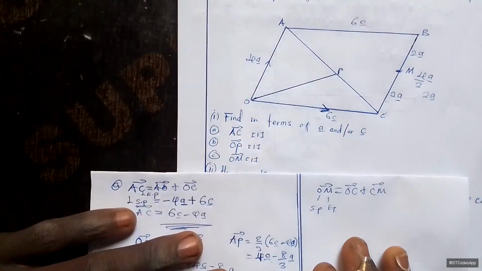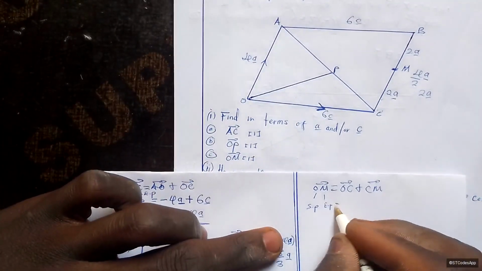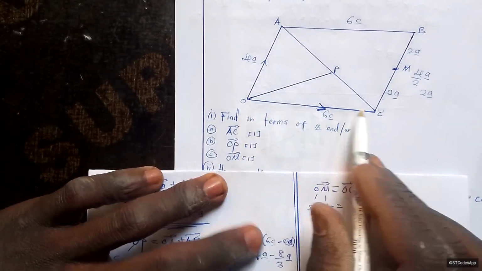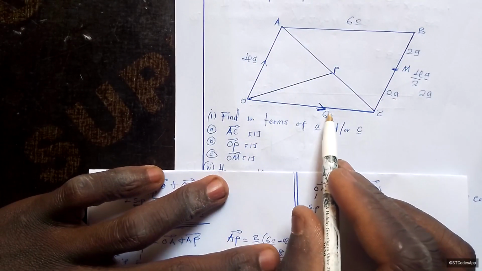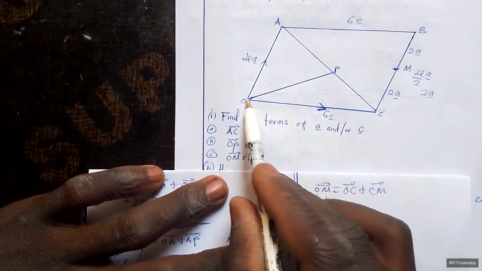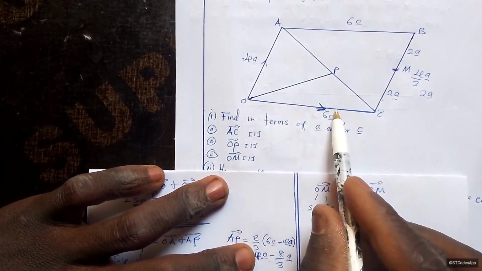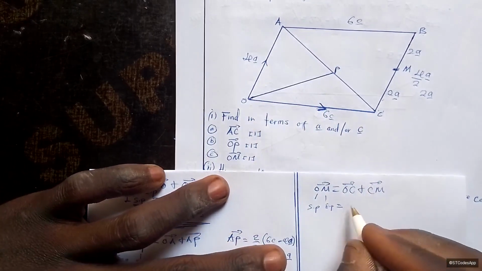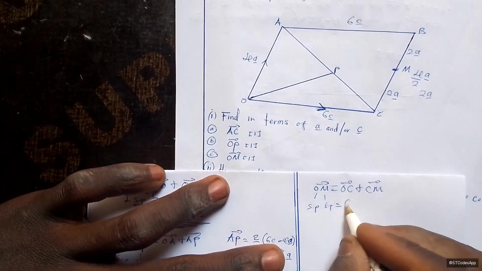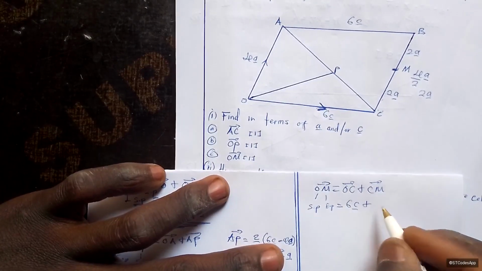Now let's try to answer this one. Do we have OC? Yes, of course we have OC here, which is 6c vector. And be mindful of the direction. We are going where the direction is going, so the value is going to be a positive 1. So it is 6c vector plus.